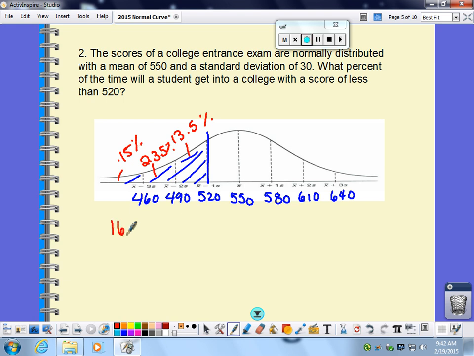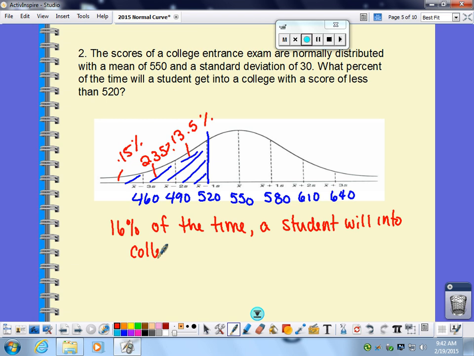You should be getting 16%. So 16% of the time, a student will get into college with a score of less than 520.